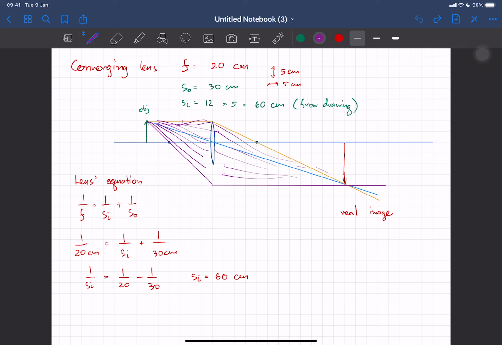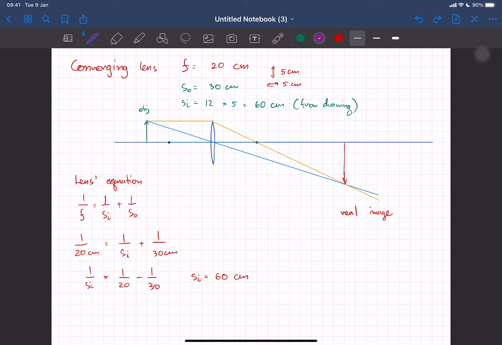Since they all converge to the same point, we only need 2 or 3 light rays to be able to identify where this point is. These two are usually the easiest to draw and good enough for any situation.